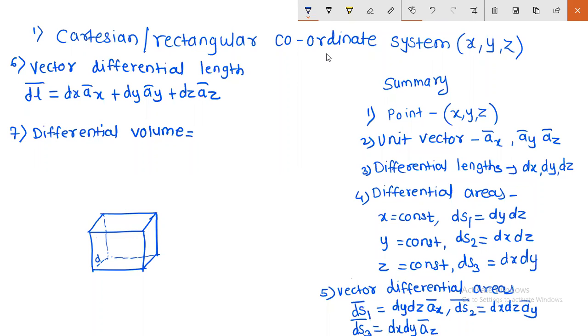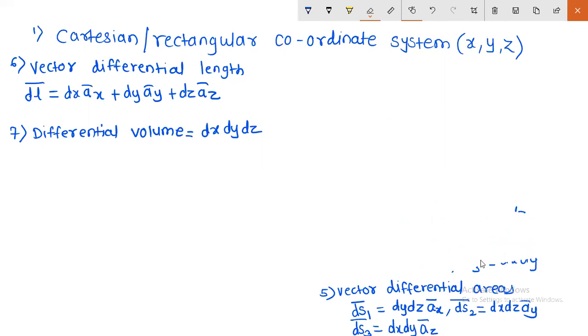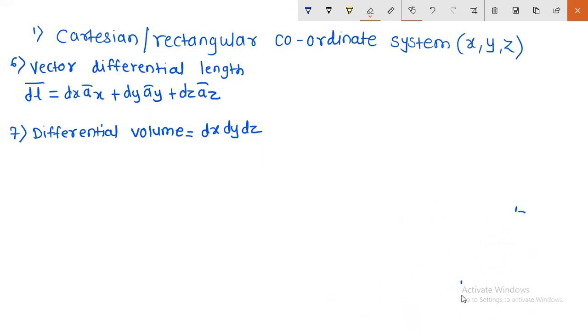Here in x direction the length is dx, in y it is dy, and in z direction it is dz. Okay, so the differential volume of this rectangle is given as dx dy dz. So simply write this dx dy dz. All of you understood this? Yes, ma'am.